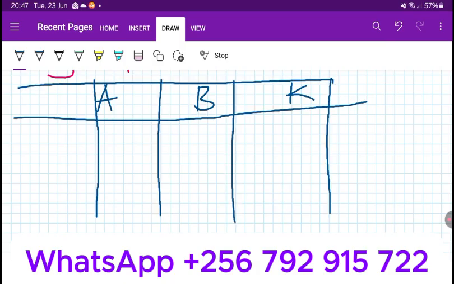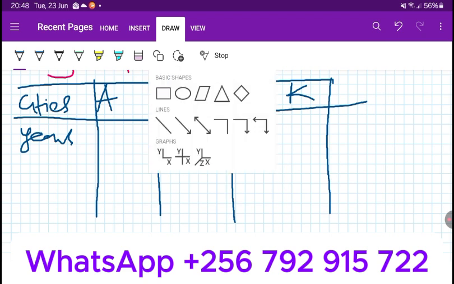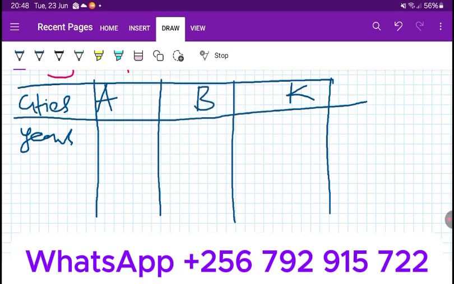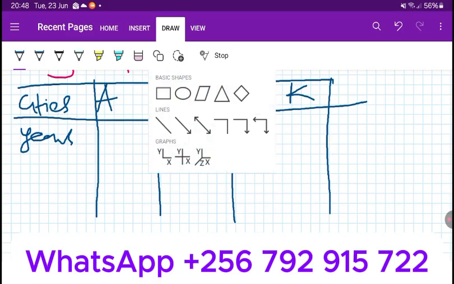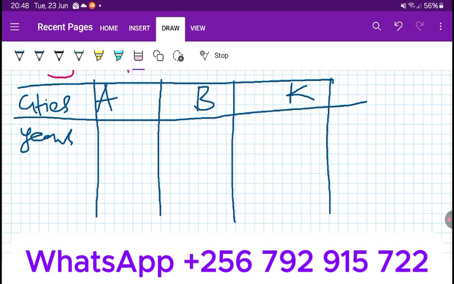Then downwards we are going to have different years. So these are cities, and then we have the years, but since the years are going to be moving downwards, we don't want to put the word years. We can remove it and just indicate the values themselves, the number of years themselves.